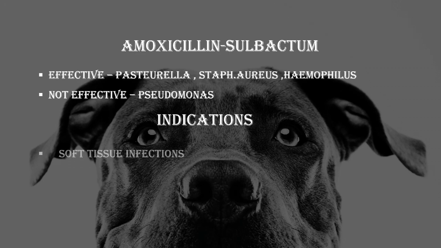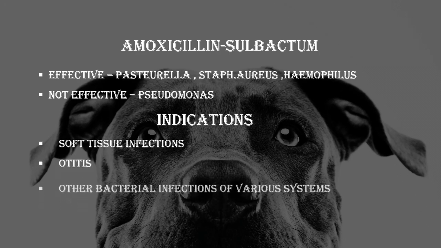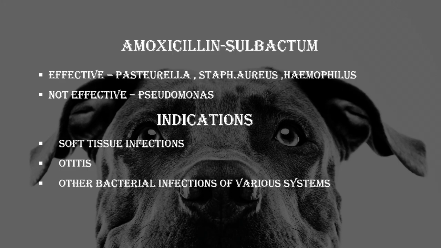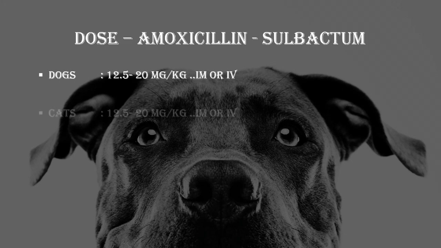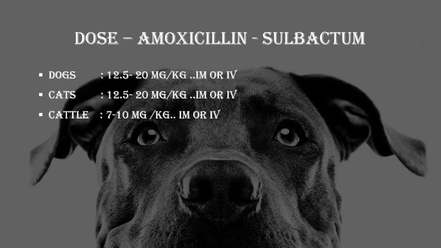It is indicated in soft tissue infections of various kinds, otitis, and various bacterial infections. The doses of amoxicillin sulbactam are, in dogs, 12.5 to 20 mg per kilogram by IM or IV route. Same dose in cats. In cattle, the dose rate is 7 to 10 mg per kilogram by IV or IM route.